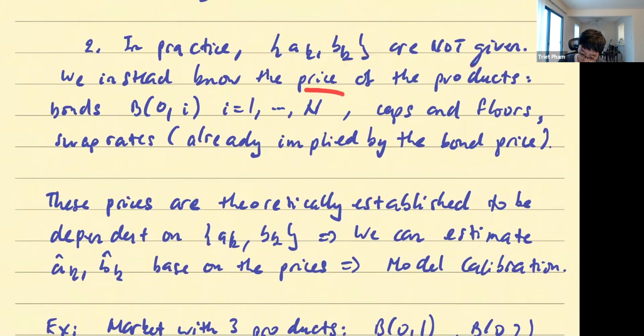You're given the price of the products, and then you use this price to decide the parameters. But what products are you looking at? The bonds for sure, caps and floors for sure. And you may think of throwing in the swap rates or the forward rate. But you see, these are redundant because bonds and swap rates are kind of one and the same thing, in the sense that if you know one, you know the other. So that's one thing.